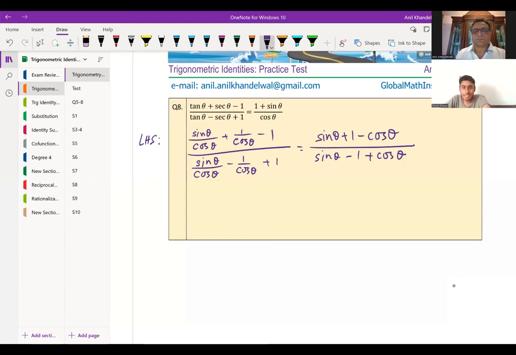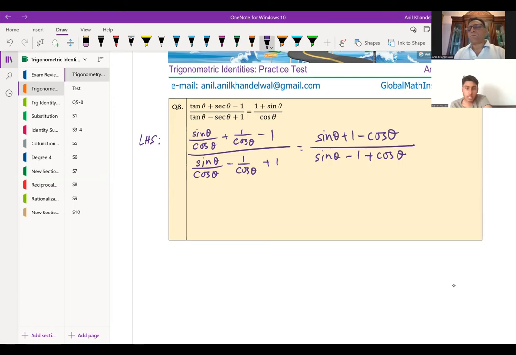Yes, sir. Okay. Now, how will you solve further to get 1 plus sine theta divided by cos theta on the right hand side? So if it's sine theta plus 1 minus cos theta, right, sir?